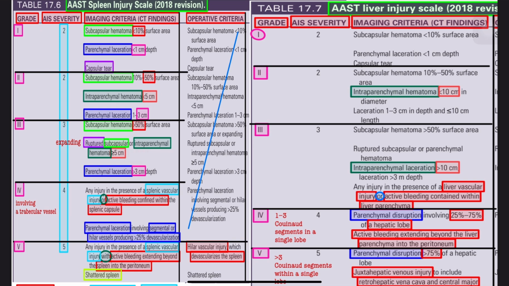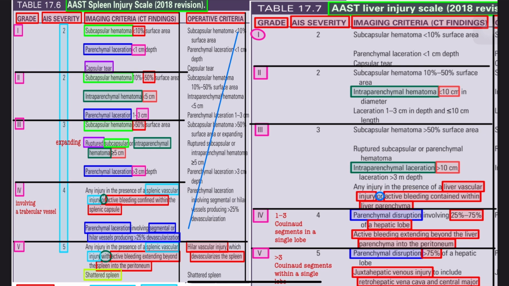In liver grade 3, everything is the same as spleen except the intraparenchymal hematoma is more than 10 centimeter. Here it was less than 10, now it is more than 10. So instead of 5, here it is 10, rest everything same. One more change: any injury in presence of liver vascular injury or active bleeding contained within liver parenchyma will come under 3.